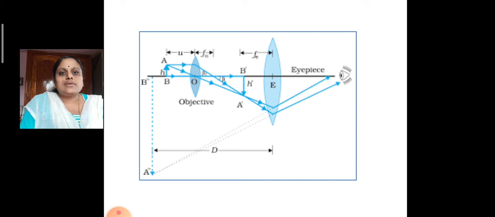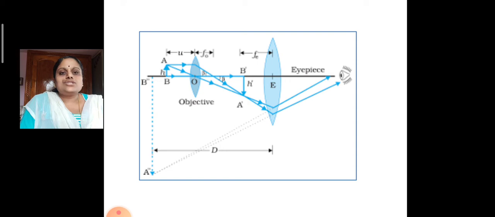Object is marked as AB, which is at a distance u from the objective lens. The image formed by the objective lens is A'B', and the final image formed by the eyepiece is A''B''.